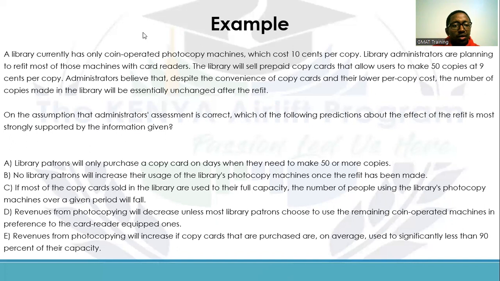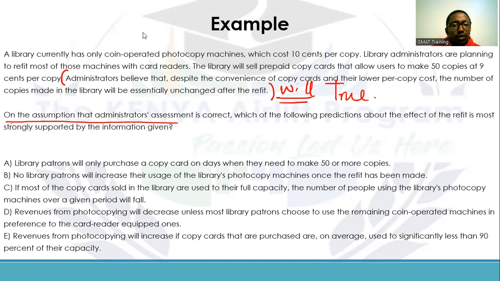So on the assumption that the administrator's assessment is correct, note that this gives us permission to assume that this is true. Which one of the following predictions about the effect of the refit is most strongly supported by the information given?